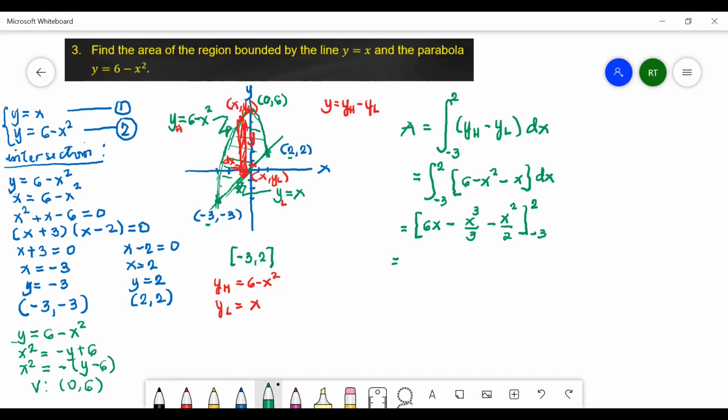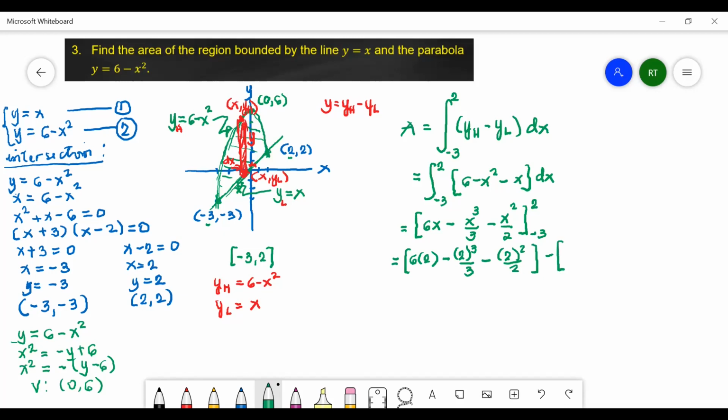Therefore, evaluating the indefinite integral at the upper limit 2 will give us 6 times 2 minus 2 raised to the third power over 3 minus 2 raised to the second power over 2. Then minus the value of the indefinite integral at the lower limit negative 3.